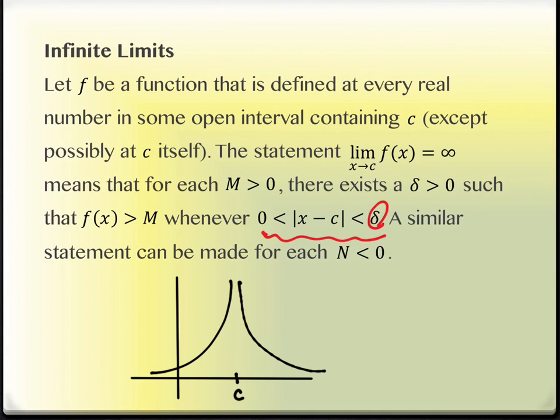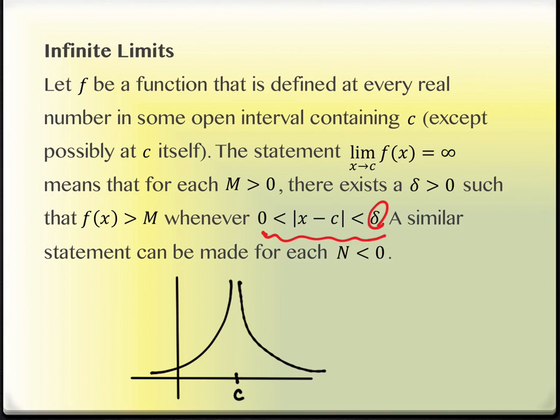So if you were to describe what seems to be happening at c, what would you say? Looks like an asymptote, a vertical one, right? It looks like there's a vertical line that we're getting really close to, and obviously we're not touching it, right? But that's what seems to be happening in this picture.